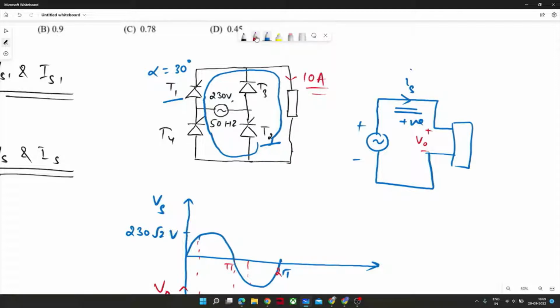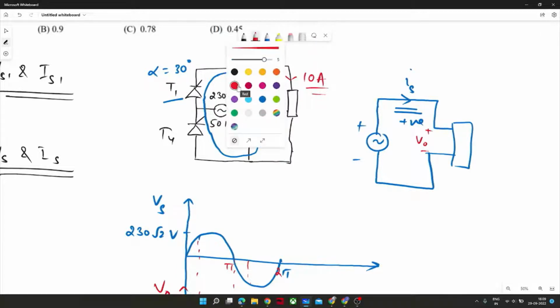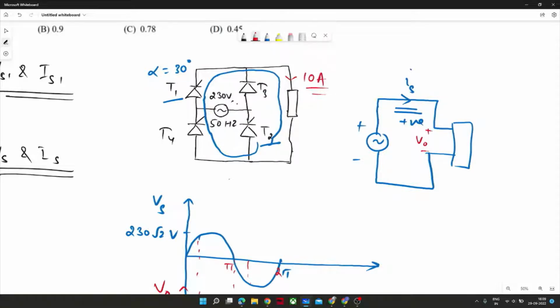When T3 and T4 conduct, again through T3, T4, you can see the thin red line. Okay.